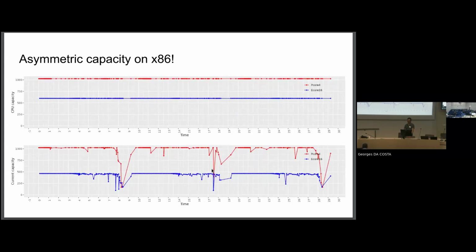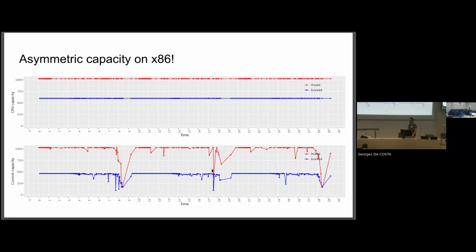And this is how the capacity looks when plotting after these changes. We see that the P core now has the 1024 max capacity, and the E core has a capacity of maybe 600, I'd say.